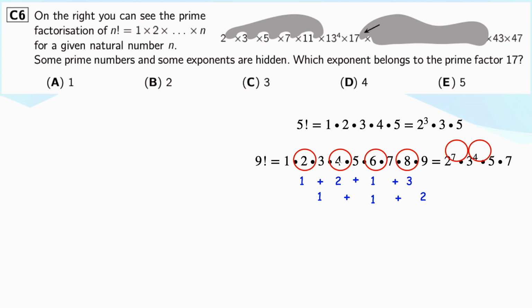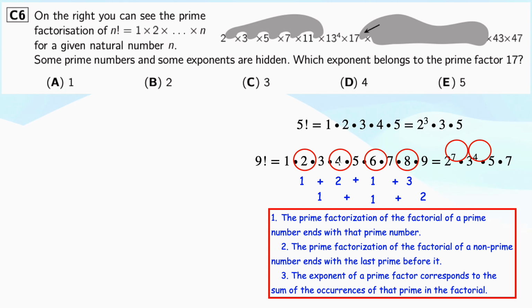So let's summarize what we observed. First of all, the prime factorization of the factorial of a prime number ends with that prime number. For example, 5 is a prime number, so the factorial of 5 ends with 5.